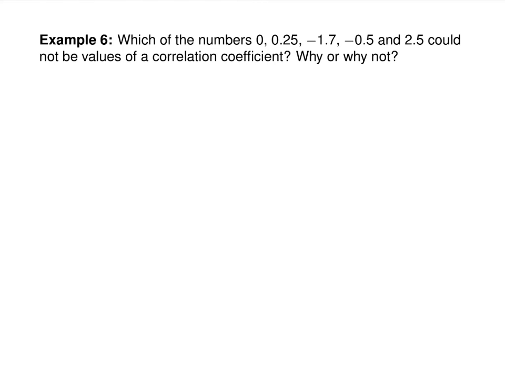All right, first, which of these numbers could not be values of a correlation coefficient? Why or why not? So there are two of them, -1.7 and 2.5.